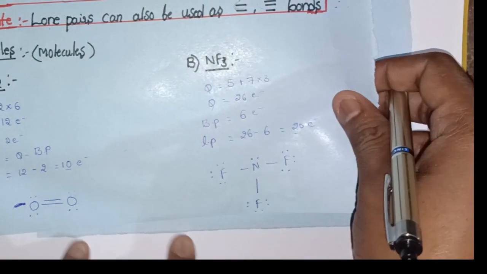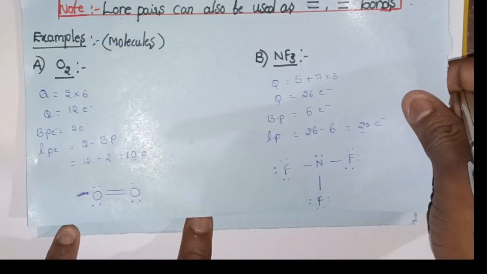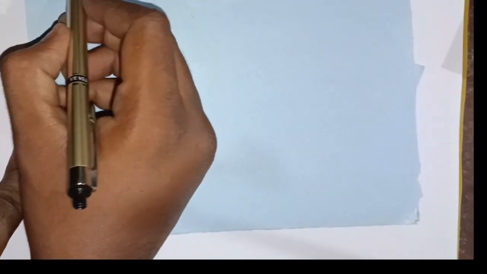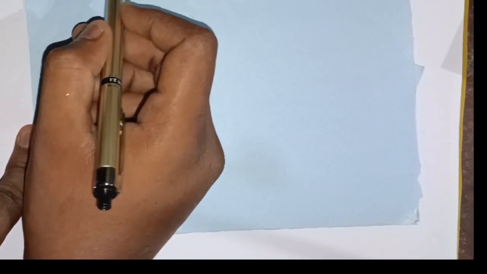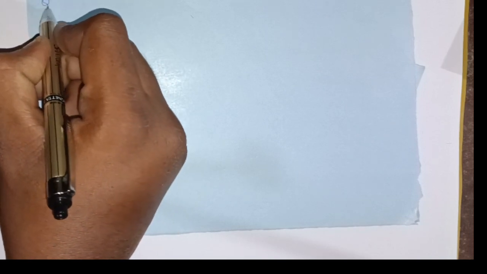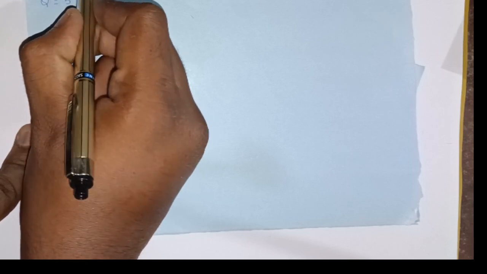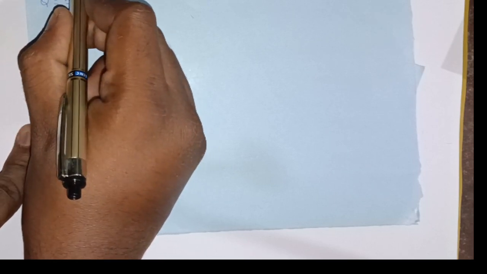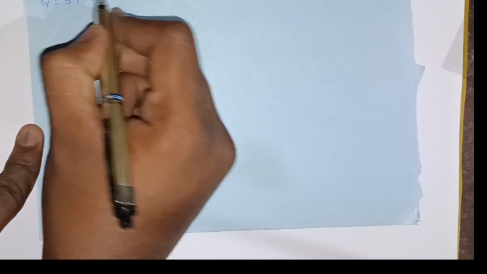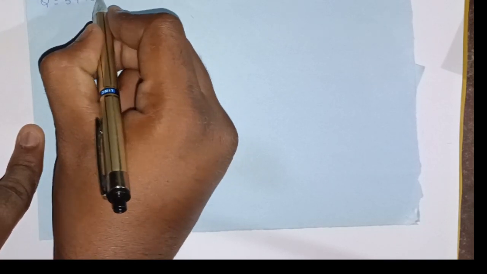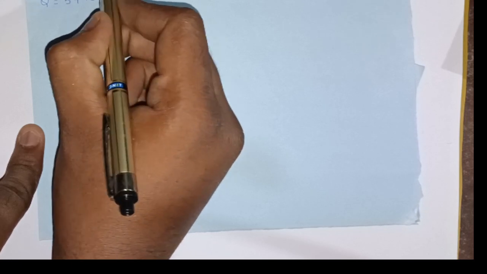Let's see some examples among ions. For the NO3 minus ion, first we have to calculate the total number of electrons. Nitrogen has 5 valence electrons, oxygen 3 sixes are 18, plus the negative charge.